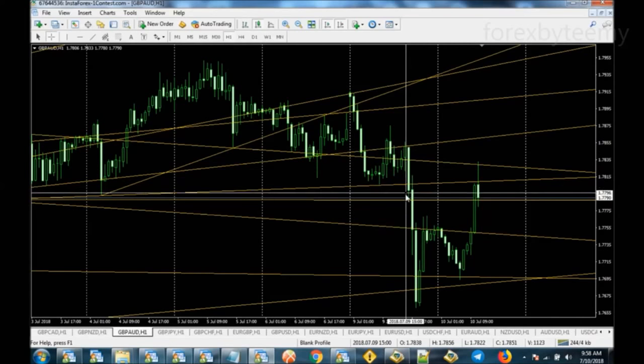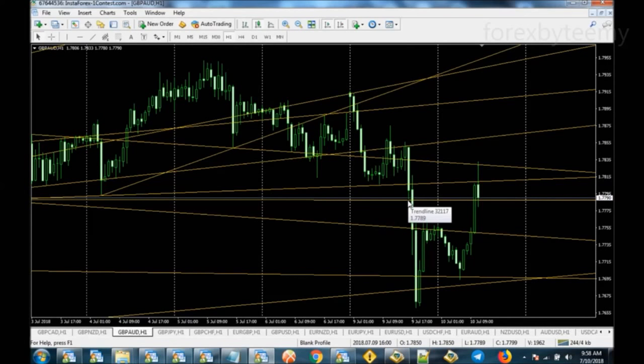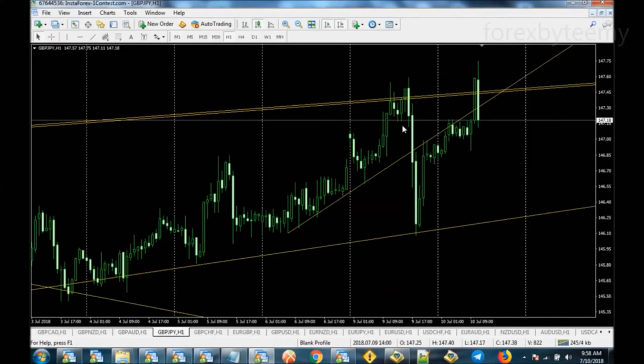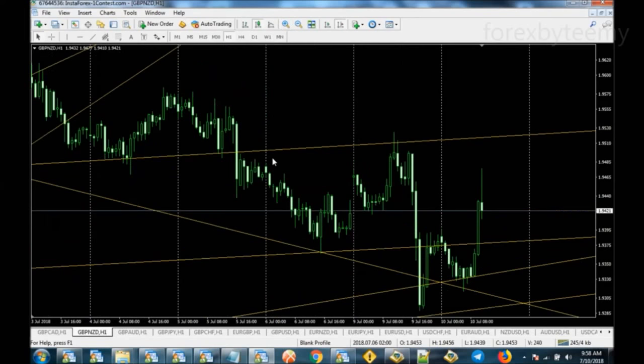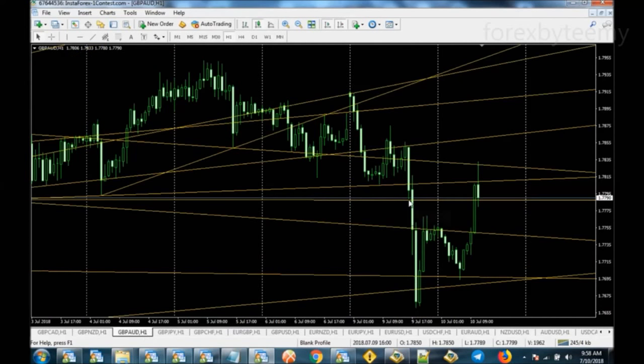It bounced off this trend line before going back up. That was the same time it bounced off on every other pair. It was at the point when it bounced off this particular trend line that it went back up.